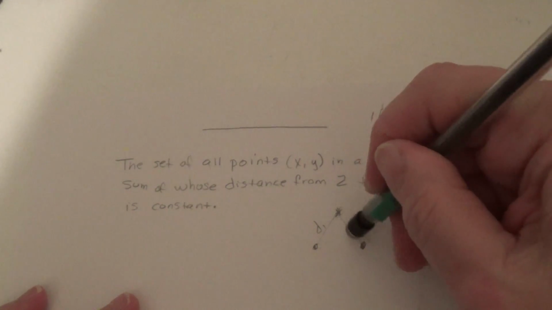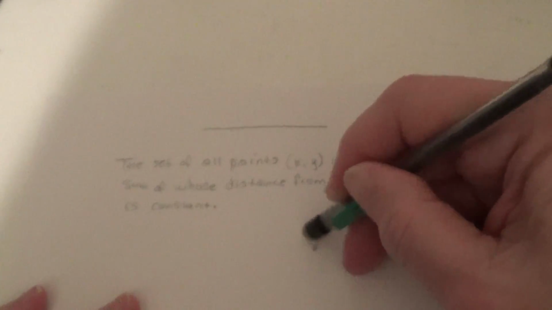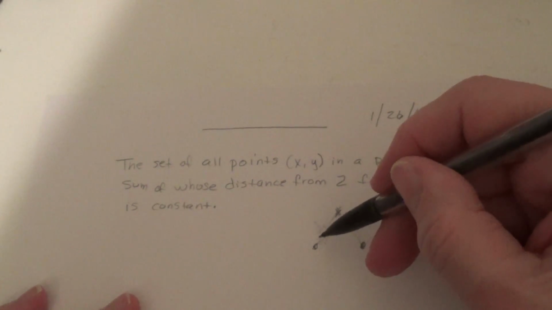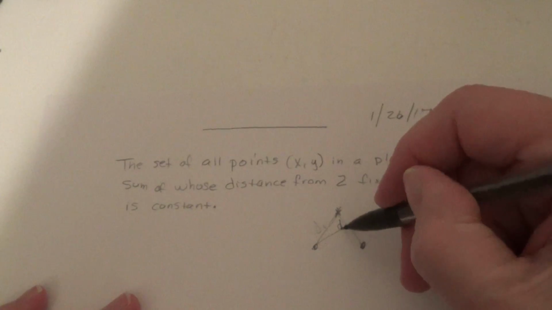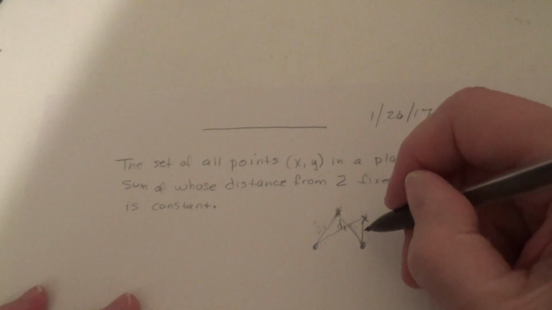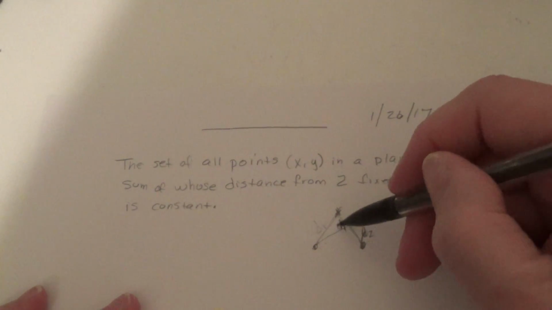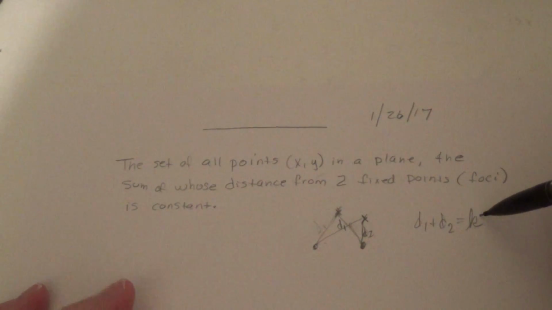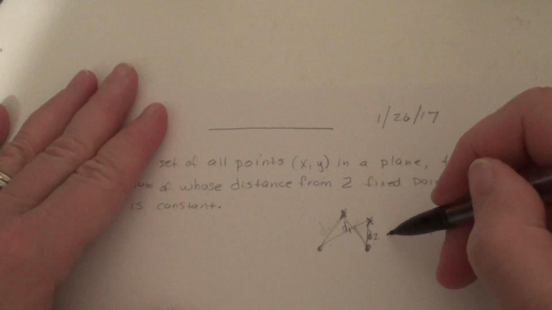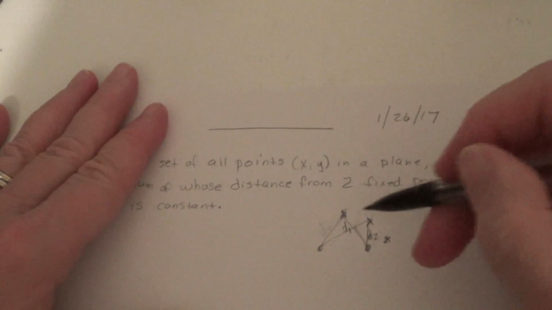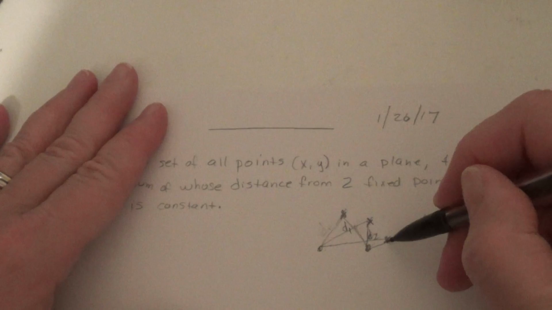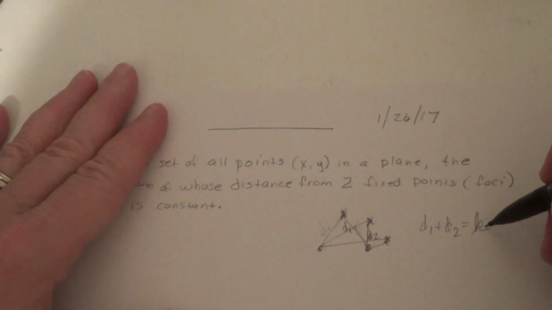Let me get rid of this d1 and d2 to unclutter. Now distance 1 is longer and distance 2 is smaller, in such a way that d1 plus d2 is still the same constant. And maybe there's a point over here where distance 1 is way longer and distance 2 is way shorter, but it still equals some constant number.